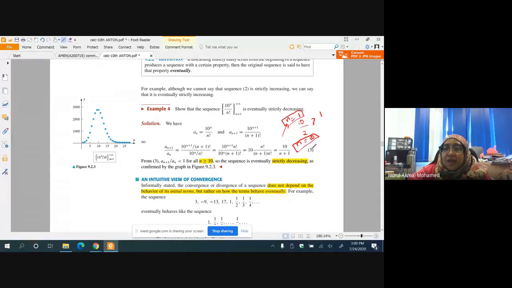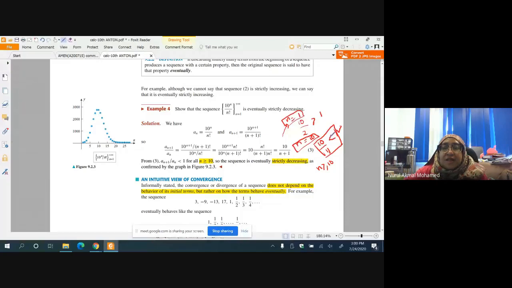If you take n equal to 10, then this one will be 10 divided by 11, so this is less than 1. And this continues for larger n. For n greater than or equal to 10, these properties will hold. So this is something that we want to look at.